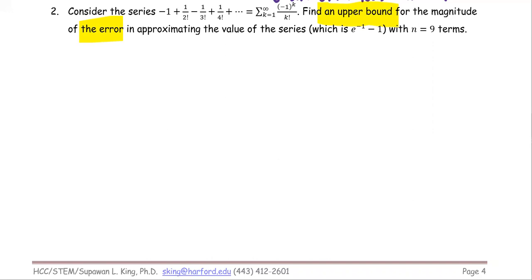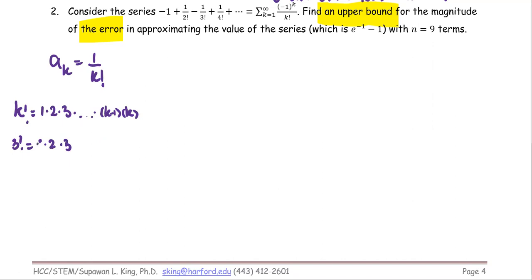So in this problem, the ak is in the term of 1 over k factorial. Recall k factorial means 1 times 2 times 3 all the way to k minus 1 and k. Like 3 factorial means 1 times 2 times 3. 10 factorial means 1 times 2 times 3 times all the way to 9 to 10.